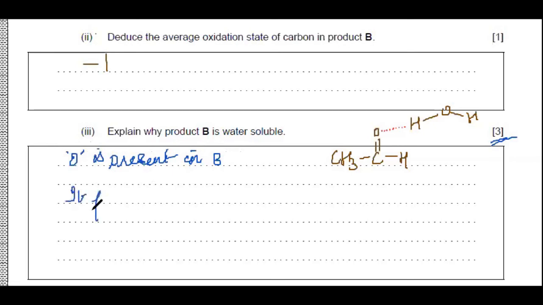It forms hydrogen bond with water. Then we can also state that this is a permanent dipole, and because of that permanent dipole only, this hydrogen bonding is sufficiently strong. So we can state that B is a permanent dipole.